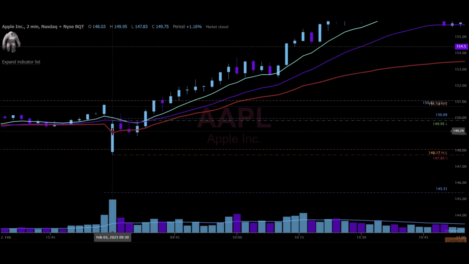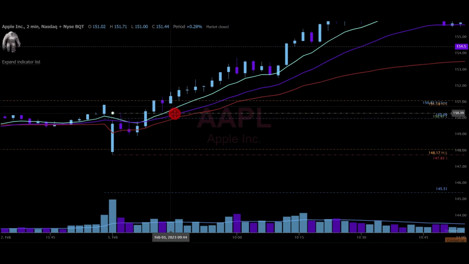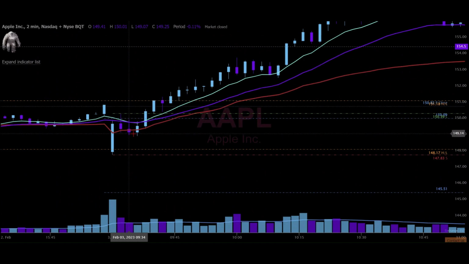That was a dumb play. Shouldn't have taken it. Should have waited for the second candle to form and then set my range up to here. Because now I've got a defined range, because this was a much cleaner entry point.